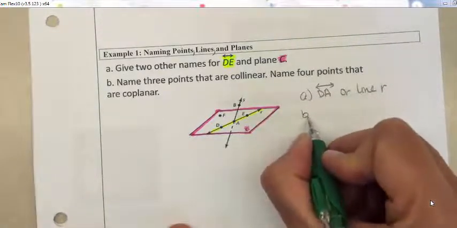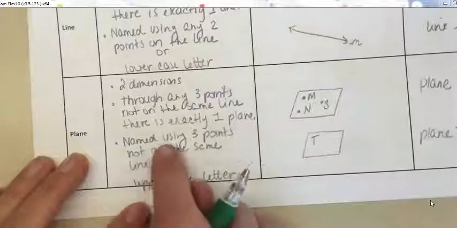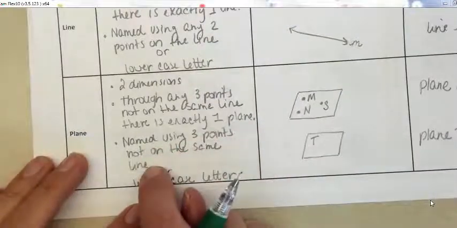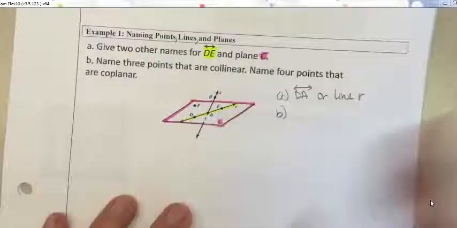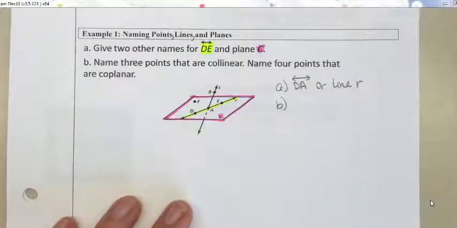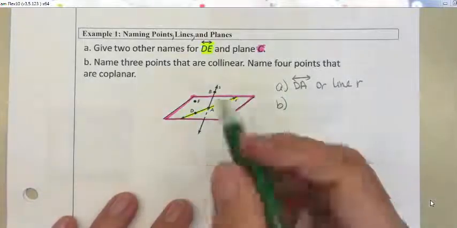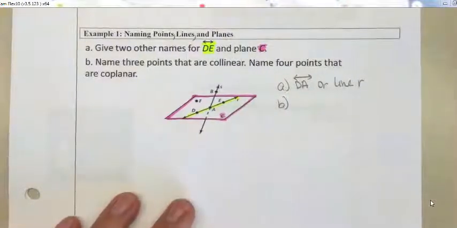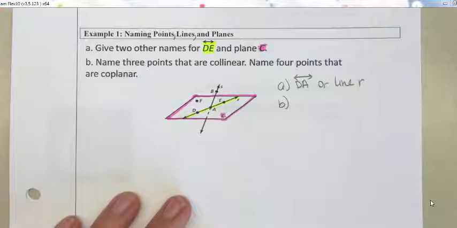Well, we can name a plane. Back to our notes here. You can name it using three points not on the same line, or the uppercase letter. Well, they've already named it using the uppercase letter. So I think I need three points that are not on the same line. See how D, A, and E, they're all on the same line. So I can't call this plane DAE.